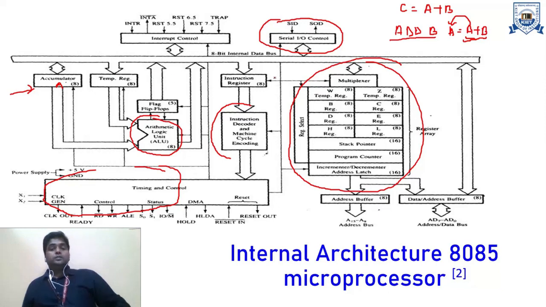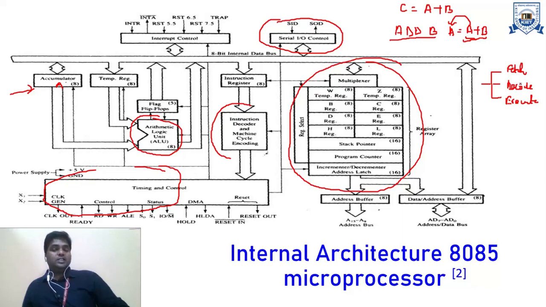The microprocessor executes the instruction in the instruction cycle. In the instruction cycle we have three basic steps: the first is fetch, the next is decode, and the next is execute. First of all, we fetch the instruction from main memory.